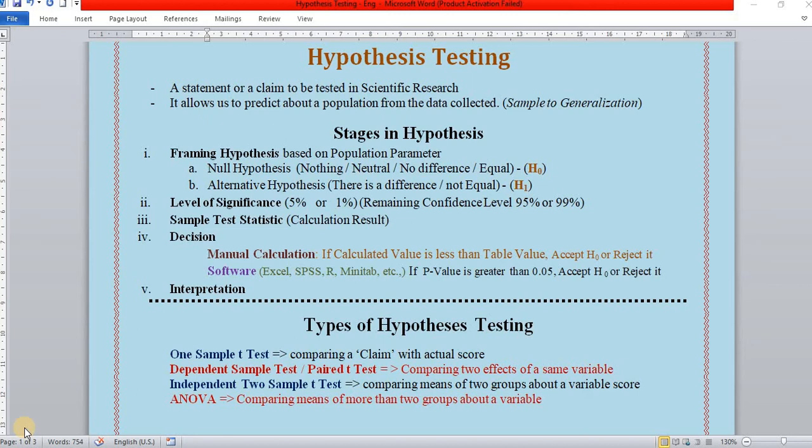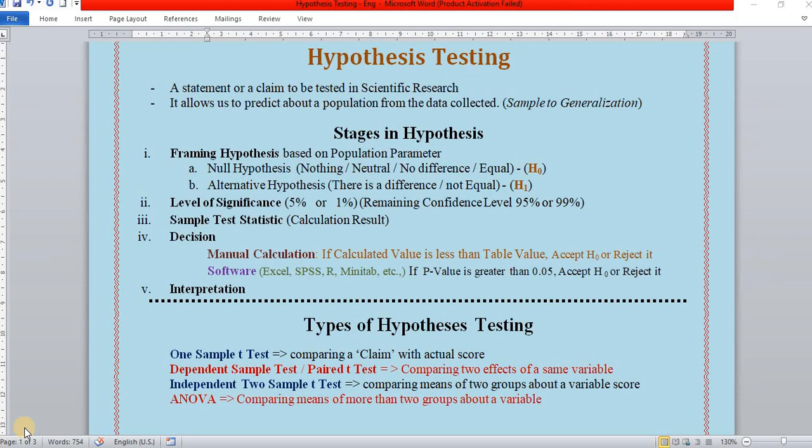Third test, independent two sample t-test, comparing means of two groups about a variable. Say for example, gender, male and female. The mean score of male and female are equal about a particular variable score.